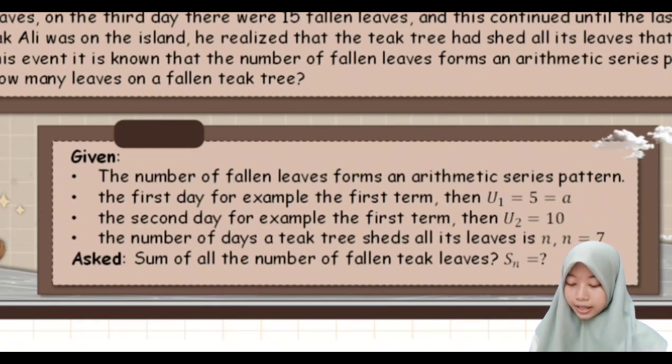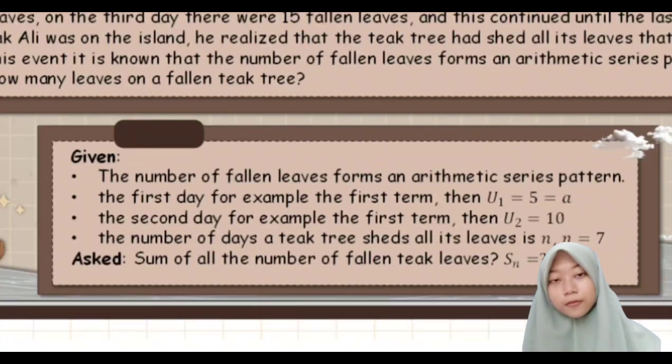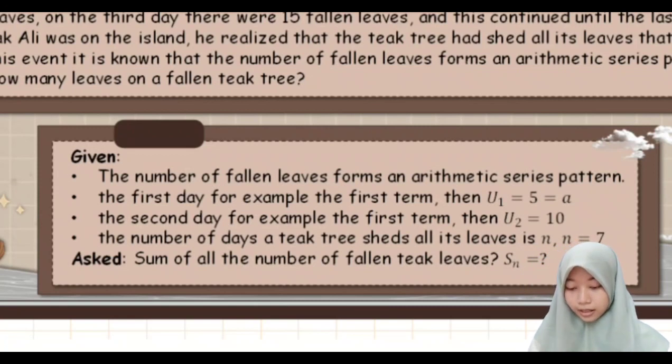The number of days the tree sheds all its leaves is n, so n is equal to 7. The question asks for the sum of all the fallen leaves, or Sn, and n is equal to 7 because the number of days the tree sheds its leaves is 7.